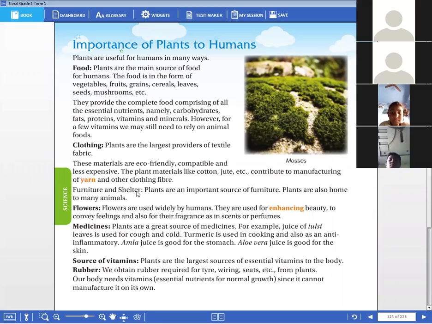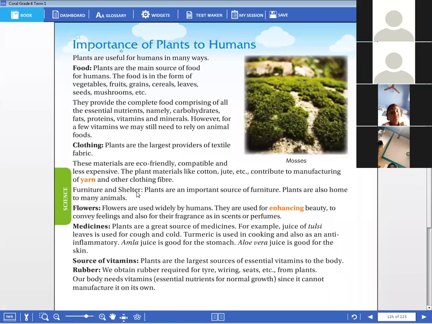However, a few vitamins we may still need from other foods. See, children, these are all the things which we eat daily. Yes or no? These are all we get from plants. Mama will cook leafy vegetables as a curry. That we get from plants.